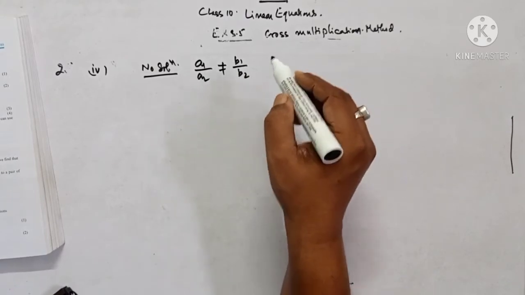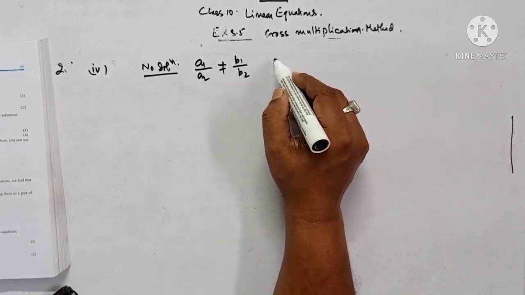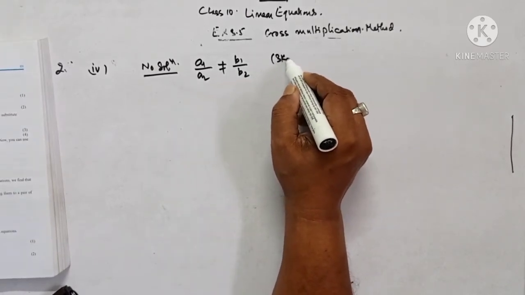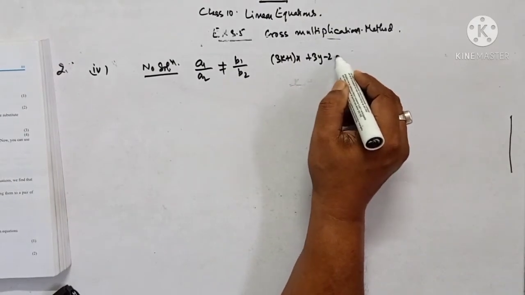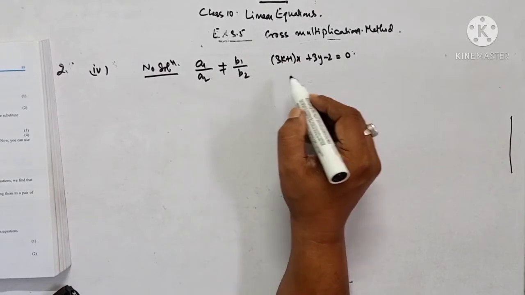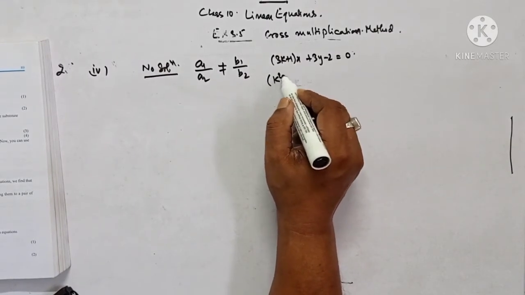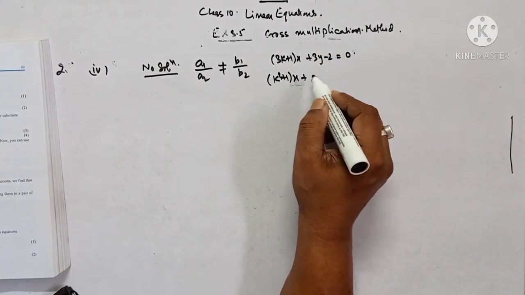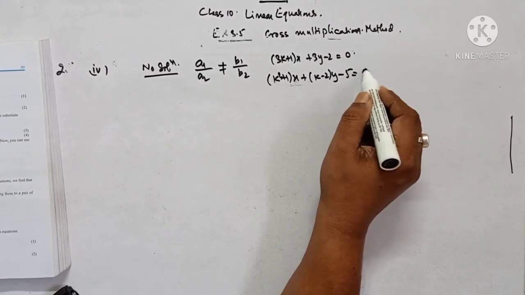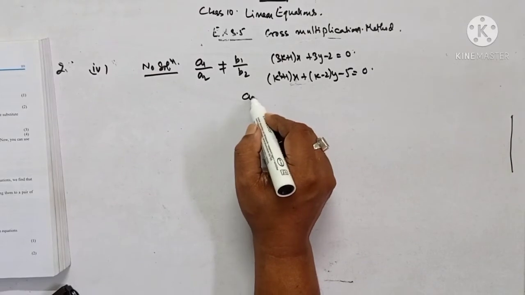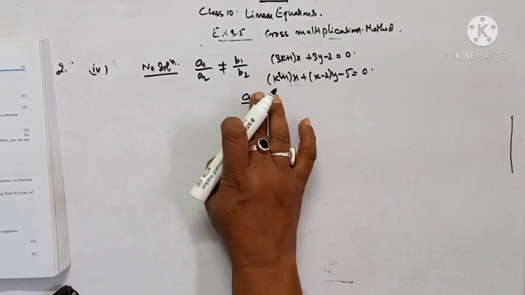So here the two equations are (3k plus 1)x plus 3y minus 2 equal to 0, and (k squared plus 1)x plus (k minus 2)y minus 5 equal to 0. So no solution means a1 by a2 not equal to b1 by b2.